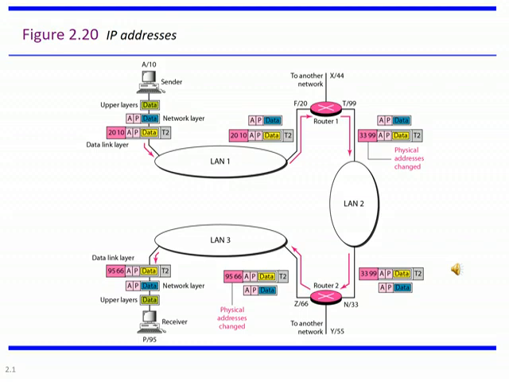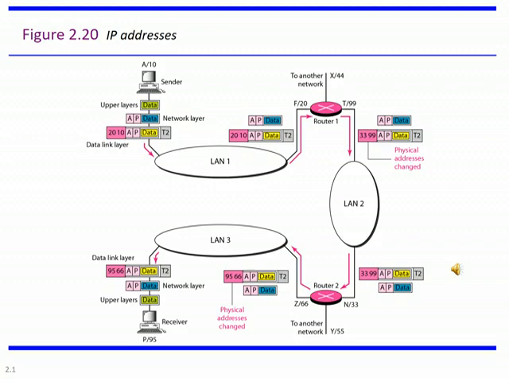Now, in this diagram, the local area networks LAN 1, LAN 2, and LAN 3 are there. LAN 1 has the target computer and the sender computer. In the network layer and data link layer, the address 201080 data T2 is there, and computer A10 has its IP address. Now computer A10 sends the data through LAN 1, router 1, LAN 2, router 2, and now LAN 3.